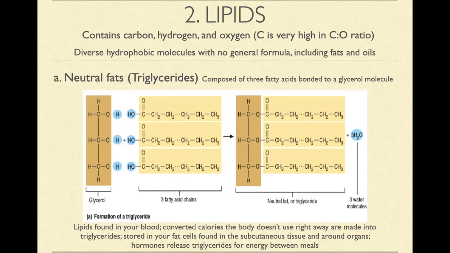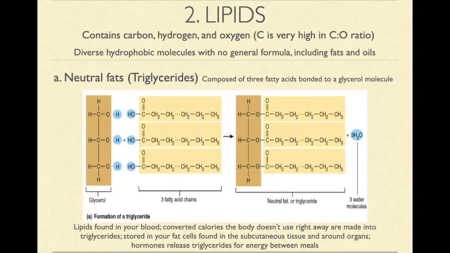And when they do bond, we have a synthesis reaction. Three waters are given off to make that neutral fat, that triglyceride. So think: neutral fat, triglyceride, three. Three fatty acid tails. Now, lipids, specifically neutral fats, triglycerides, are found in your blood.